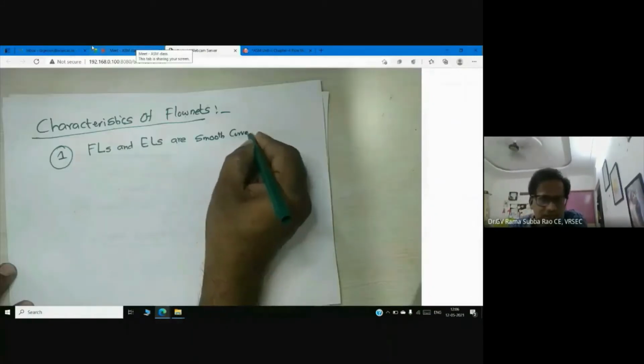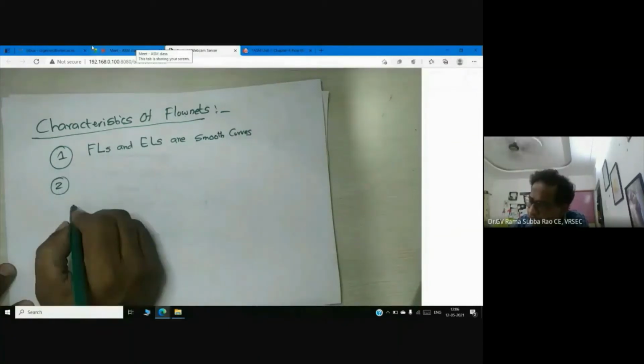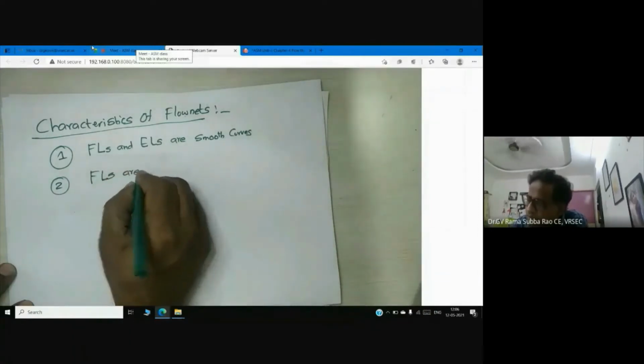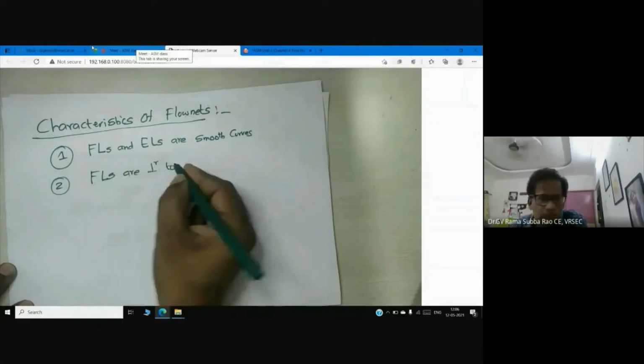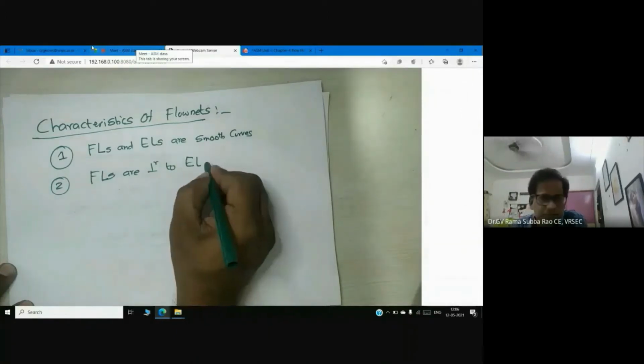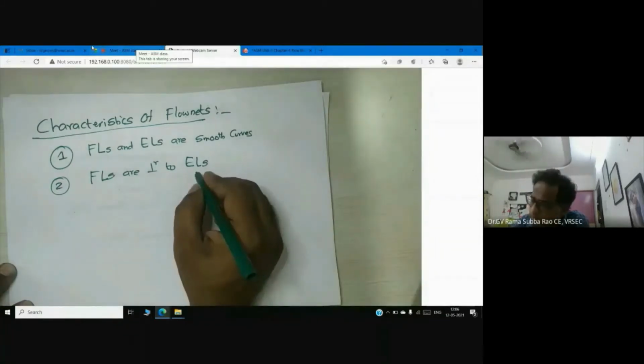They are not straight lines. Second, very important point, flow lines are perpendicular to equipotential lines. So that means they are going to meet orthogonally.